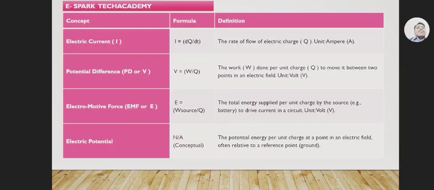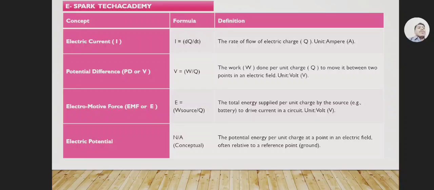The power loss, or you can say voltage drop, is already present in EMF, because it is the total energy supplied per unit charge by the source.